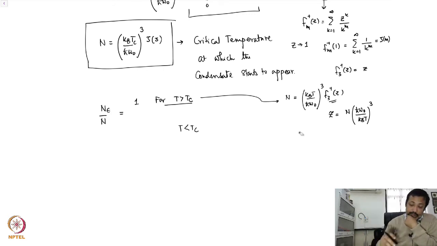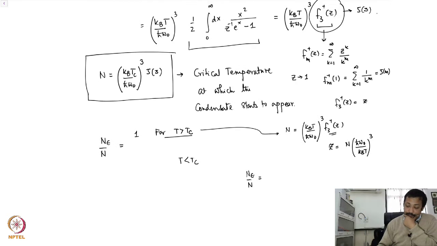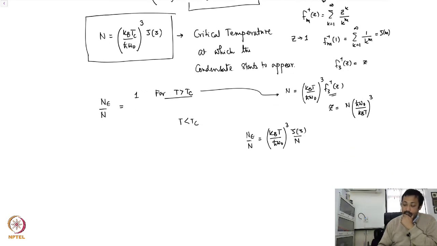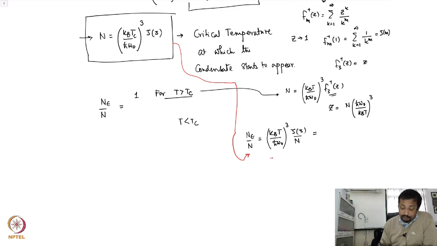N_ε over N is going to be (kBT over ħω0) whole cube zeta of 3 divided by N. Using this relation, zeta 3 divided by N times 1 over (ħω0) whole cube is going to be 1 over (kBTc) whole cube, so that this expression becomes (T over Tc) whole cube.